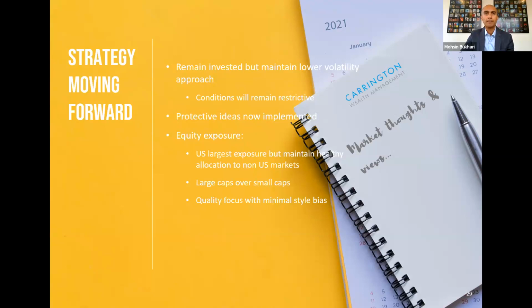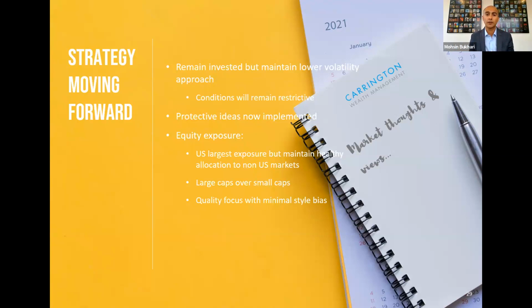Because of this difference in approach from the US Federal Reserve to the Bank of England to the European Central Bank to the Chinese central bank, this is leading to different outcomes in different regions, which is not something we always see. Usually there's quite a synchronized move. So that, I think, adds emphasis to making sure that we are diversified, and we're not just concentrated in any one particular market.